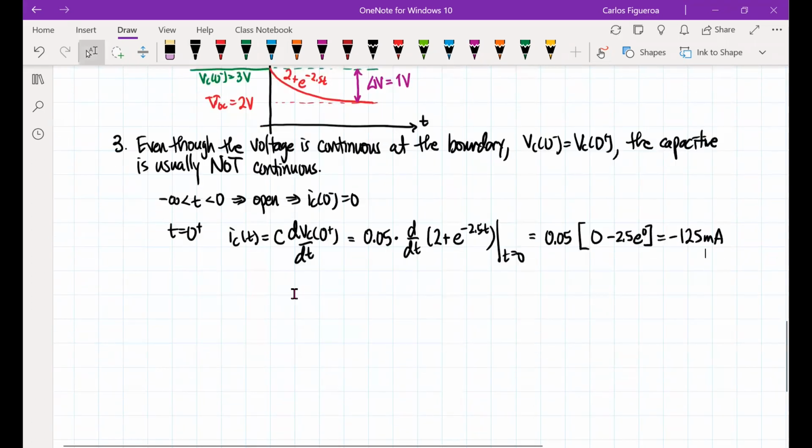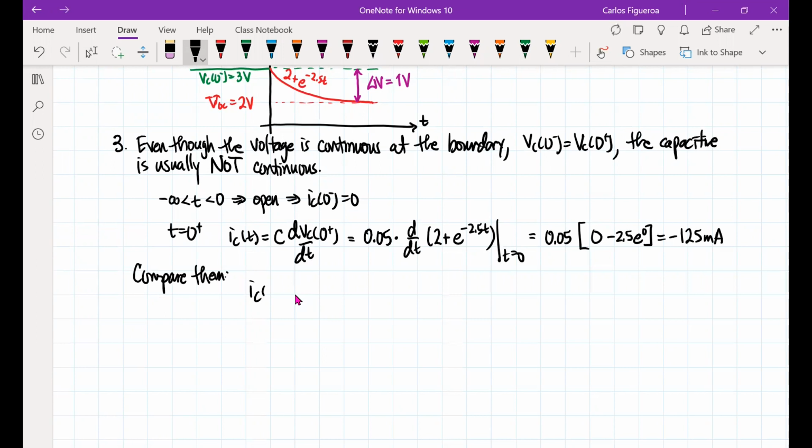So compare them. IC of 0 minus is 0, versus IC of 0 plus, which is equal to minus 125 milliamps. You can clearly see that there's a discontinuity. So if I now graph this, this right here is going to be IC of t.